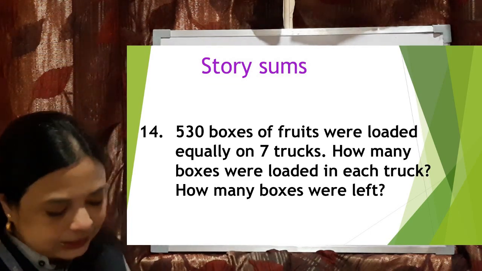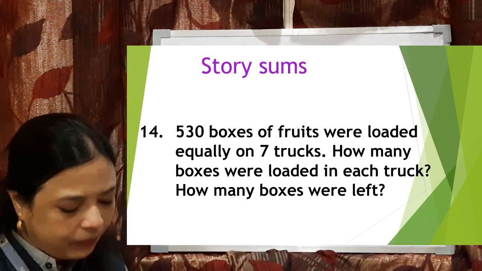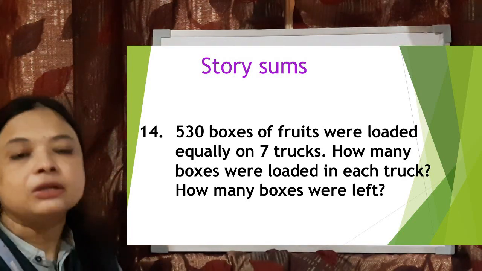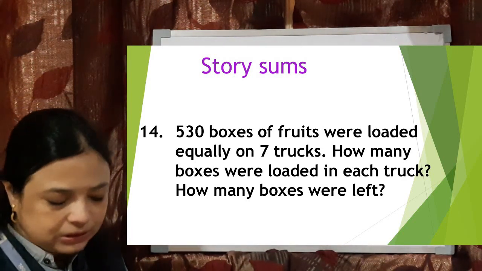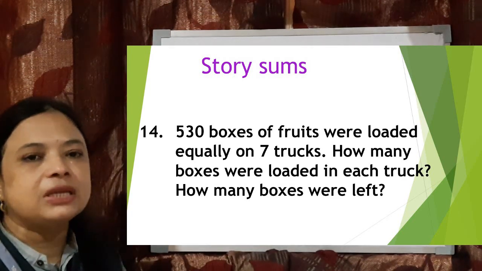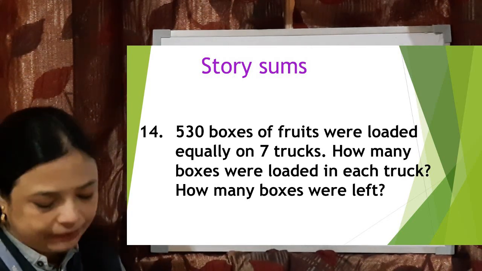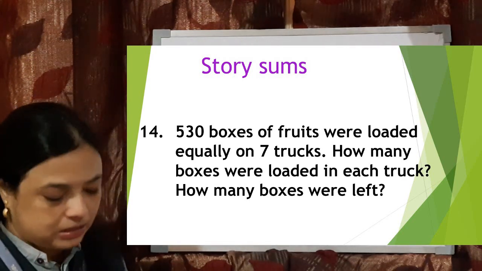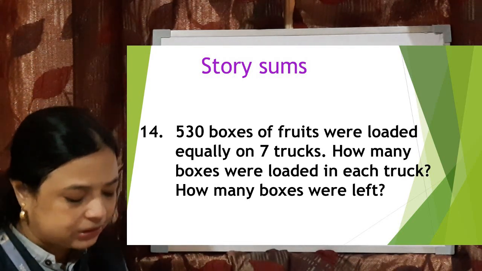So children, what is given here? 530 boxes of fruits were loaded equally on 7 trucks. तो कितने बॉक्सेस थे? 530 बॉक्सेस थे और कितने ट्रक्स में रखे? 7 ट्रक्स. और इक्वली रखे 7 ट्रक्स में.